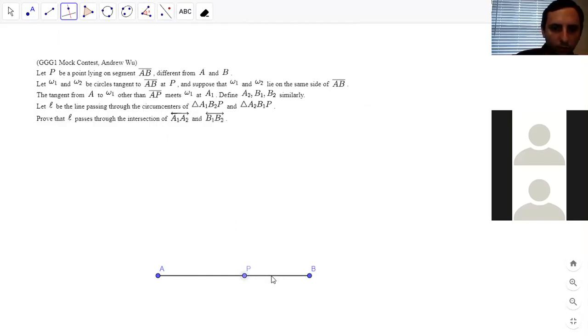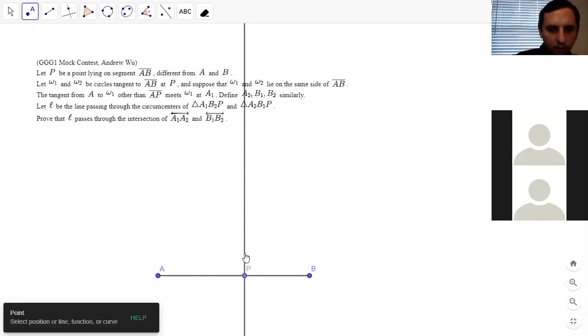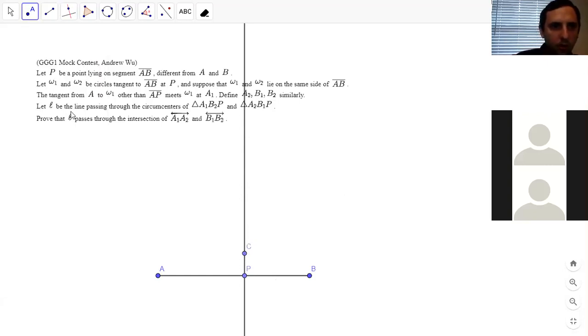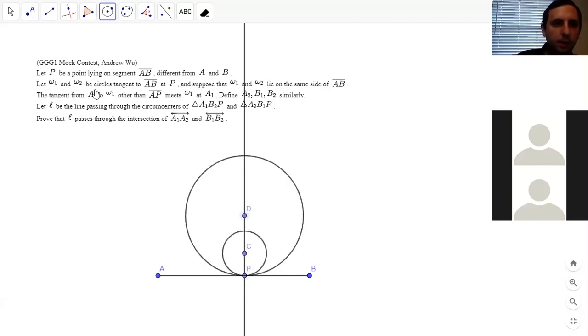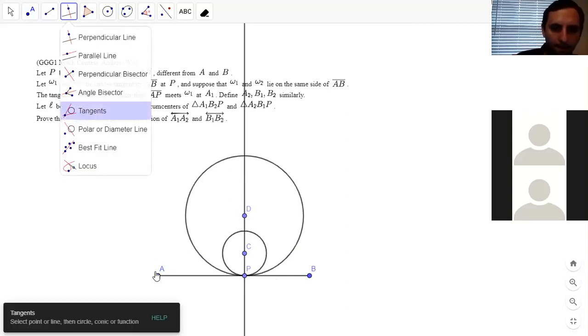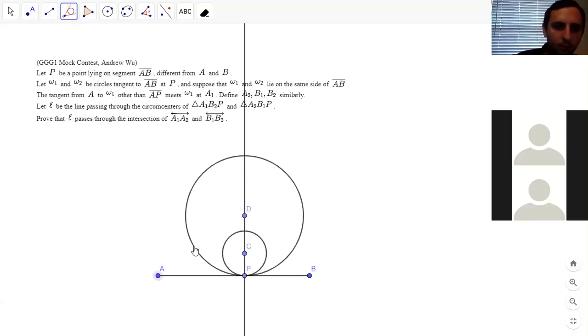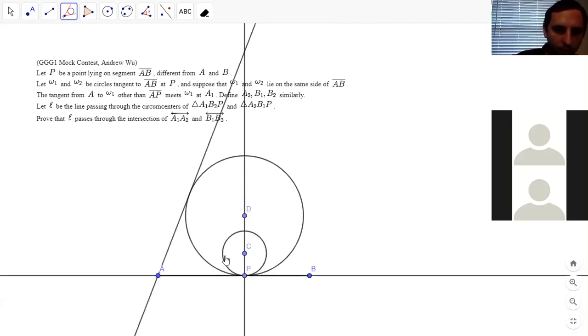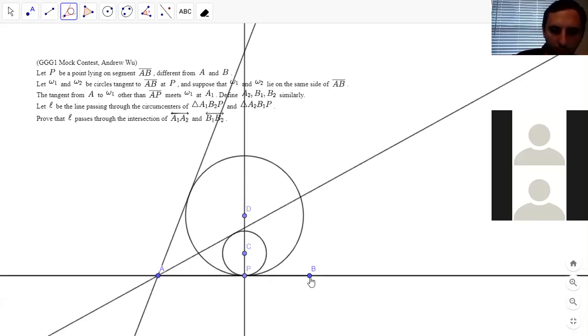So we have two circles that are tangent to AB at P. So here's one circle and here's another circle. And then we draw the tangents from A and B to each of the circles, something like this.